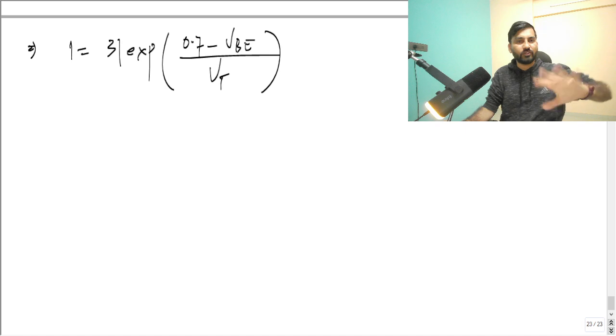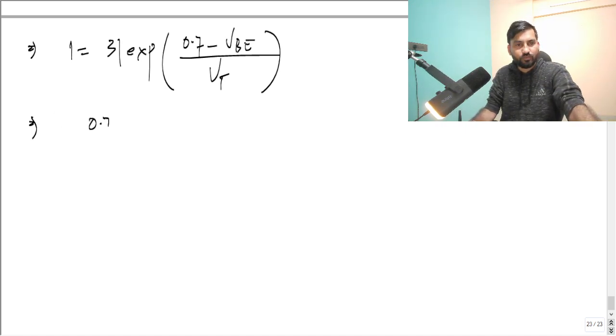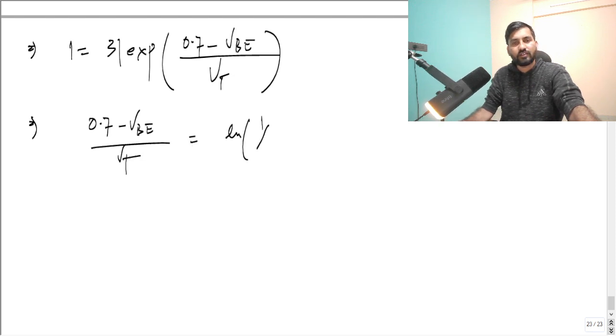I'm not putting these values at this moment, please remember. So you can write this as 0.7 minus VBE by VT, which is equal to ln 1 by 31, right? So you can say 0.7 minus VBE is VT ln 1 by 31.